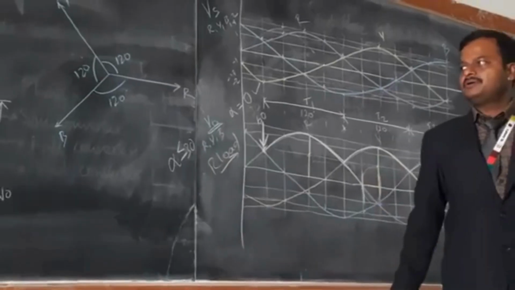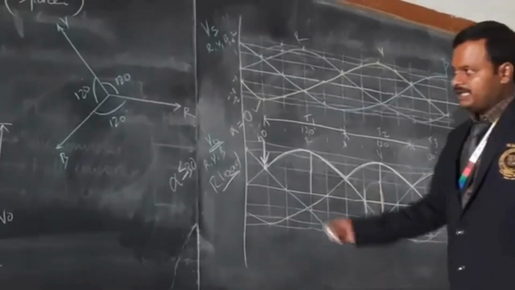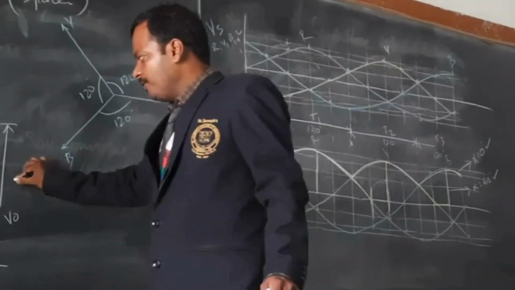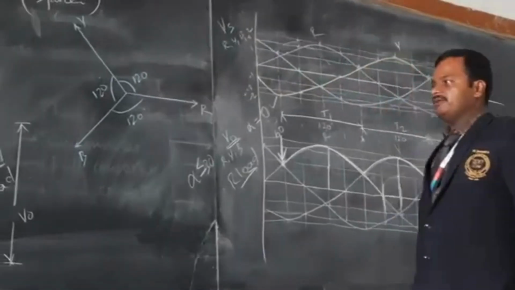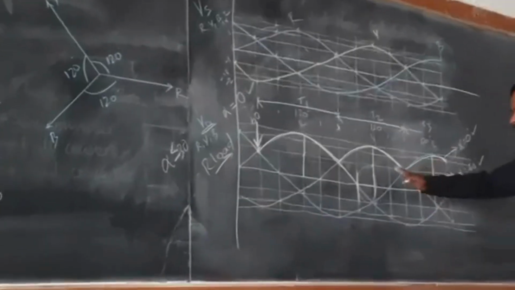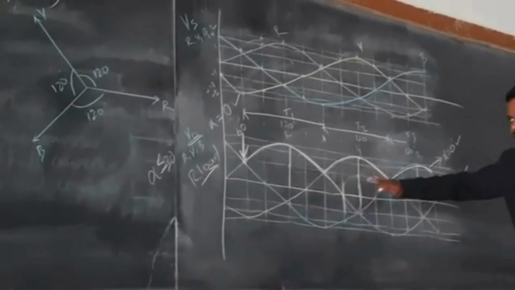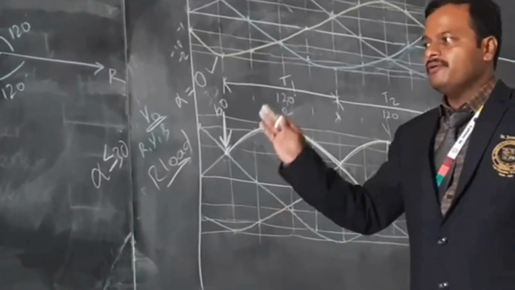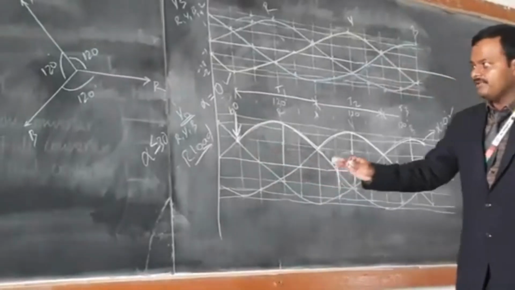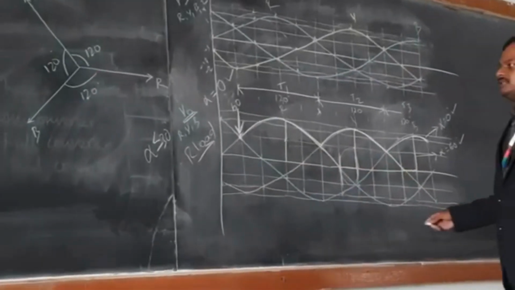We are not going to get any discontinuous output waveform. Okay, the same RL load, if you are going to consider the feedback diode, that is a freewheeling diode, we are going to get the same output voltage for RL load also. Okay, without the freewheeling diode, we are going to consider up to the 30.